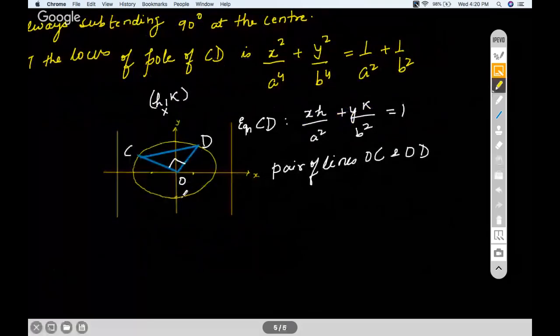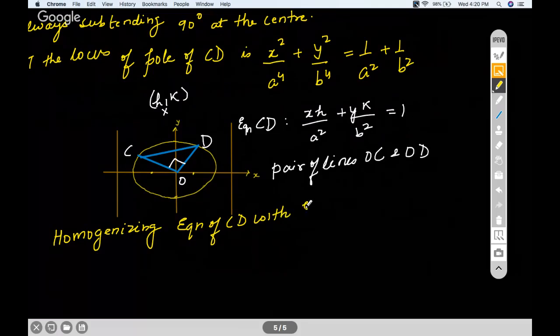I can find it out by homogenizing the equation of CD with the ellipse equation. So how do we homogenize? Remember the concept: when a line and a conic section get intersected, the pair of straight lines joining the origin to the points of intersection is obtained by homogenizing the equation of the line with the conic section.